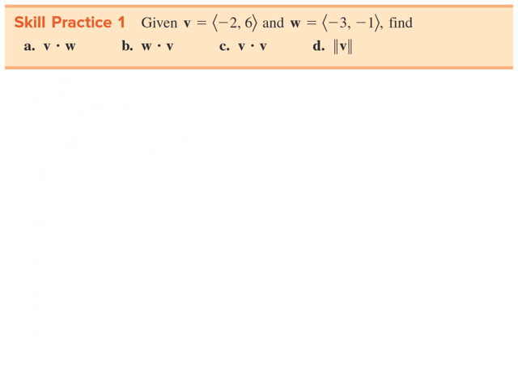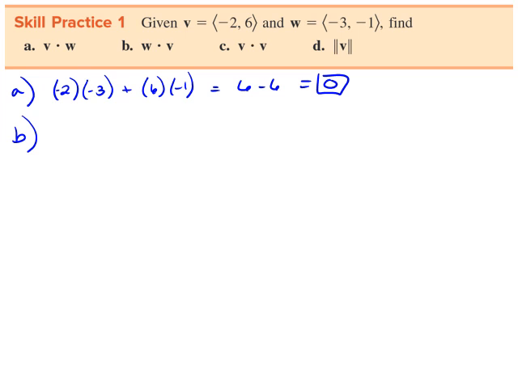Go ahead and pause the video and see if you can do this. For part A, I want to find the dot product of V and W. Now this again is the dot product and not multiplication. So this will be -2 times -3 plus 6 times -1, which is 6 minus 6, or 0.